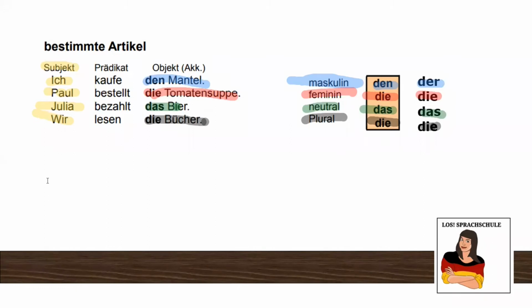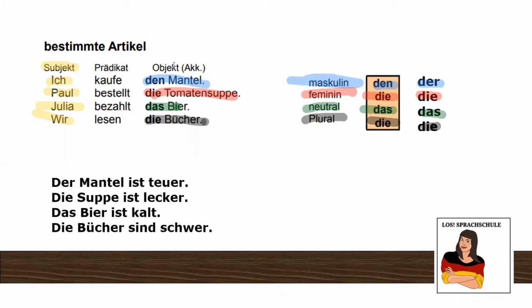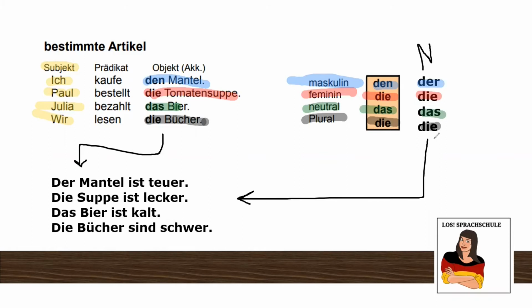If I were you, I would think about it like this. If you put the object as a subject, I gave you here all the words we had in the examples, but I put it into the position of the subject. Okay, so now we don't have them as object, and you can see the article changes into the nominative.